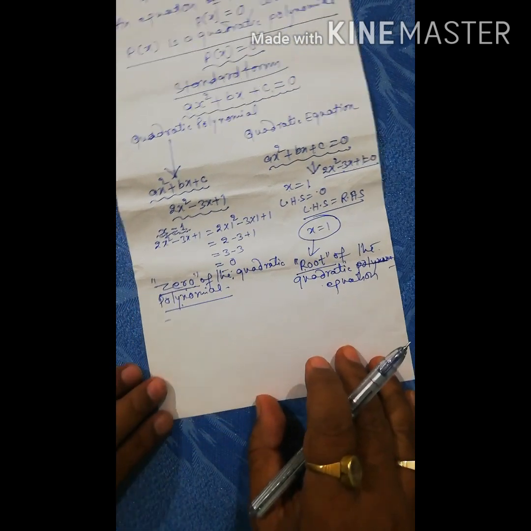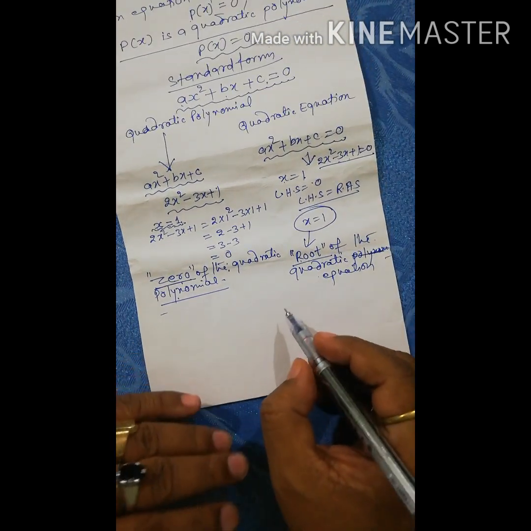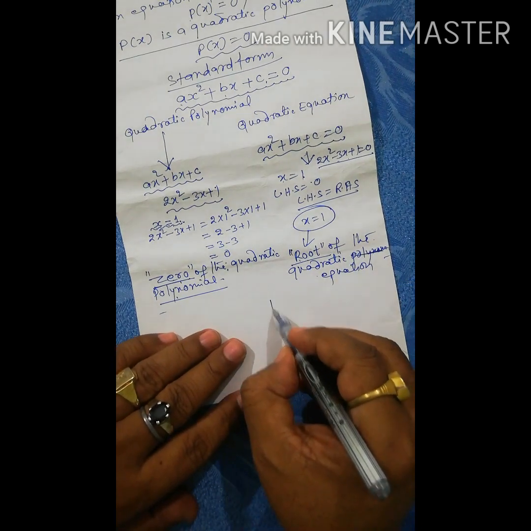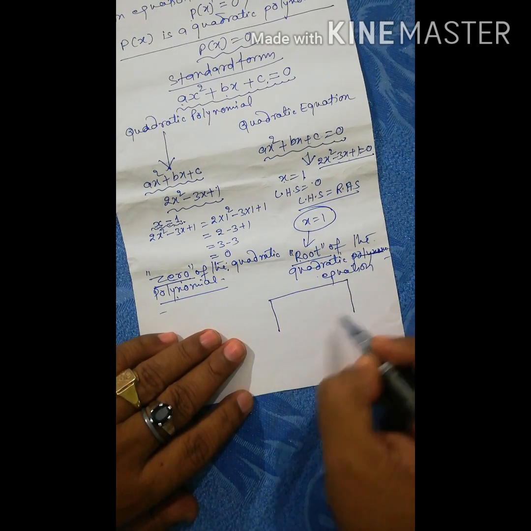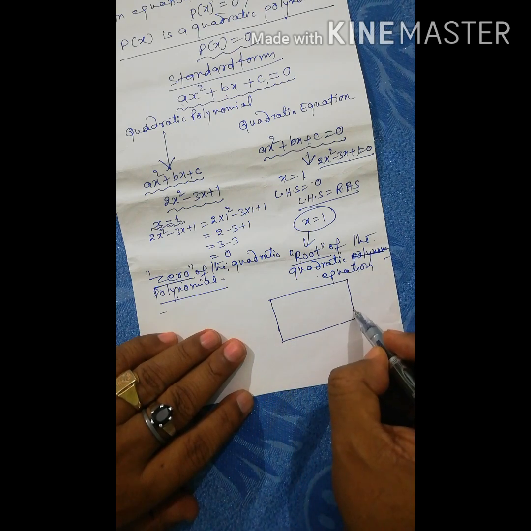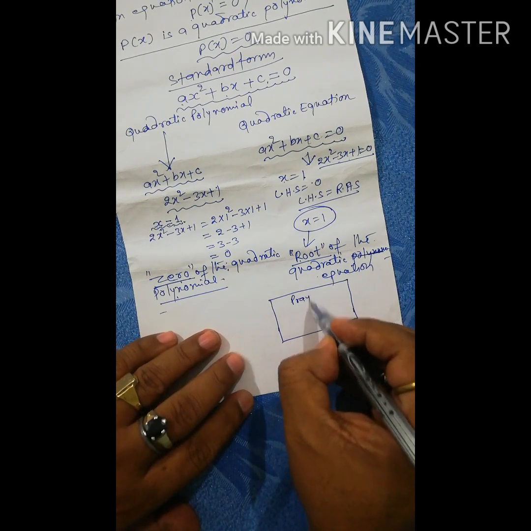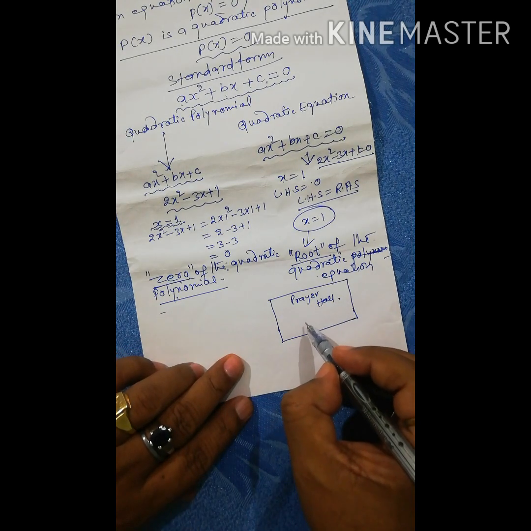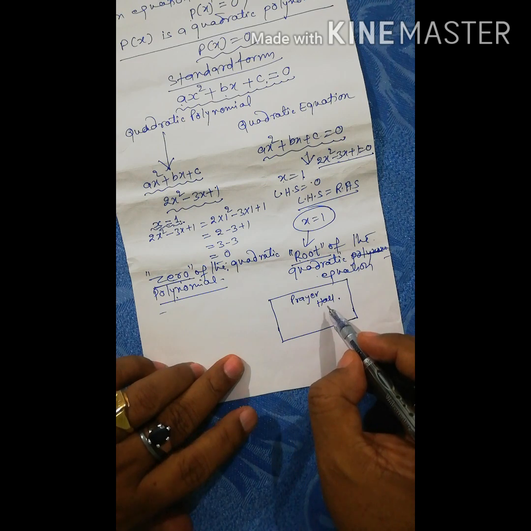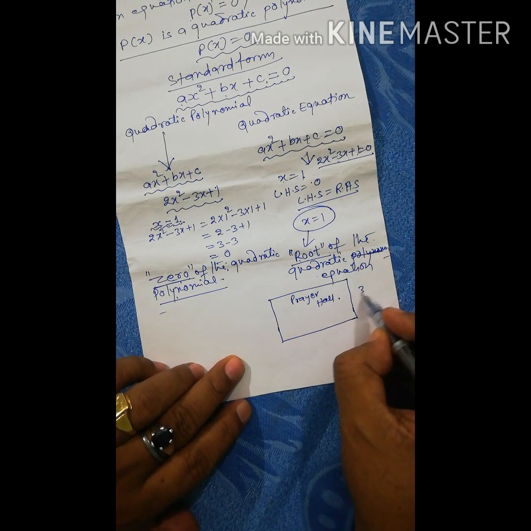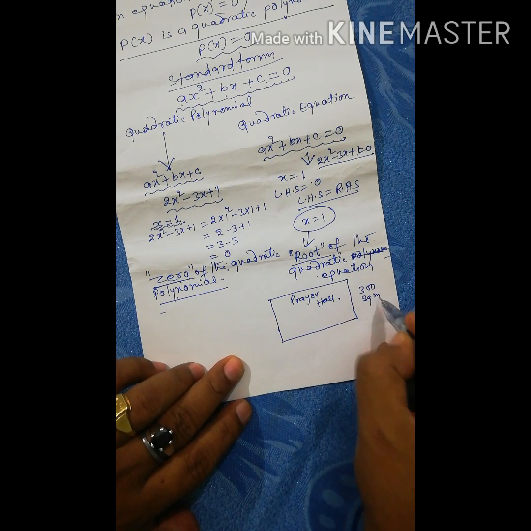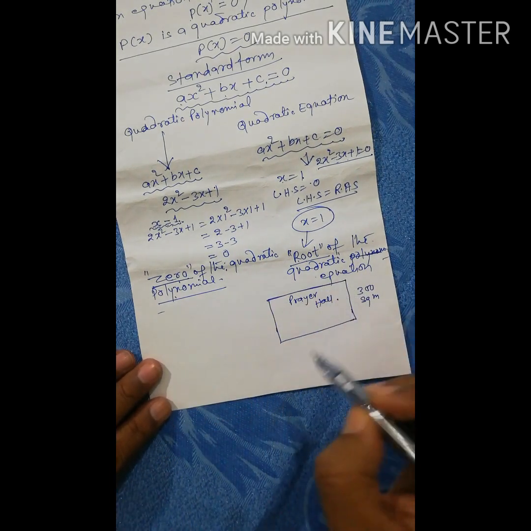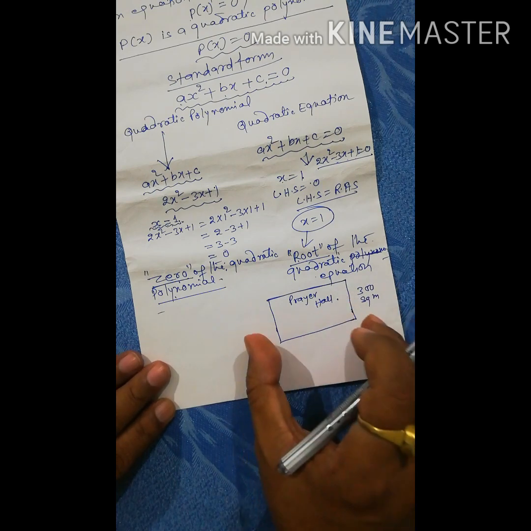Now, what is the use of quadratic equations in our life? Suppose one person has decided to fix a carpet on a prayer hall, and the total area of this prayer hall is 300 square meters, but the person does not know the length and breadth of the hall.